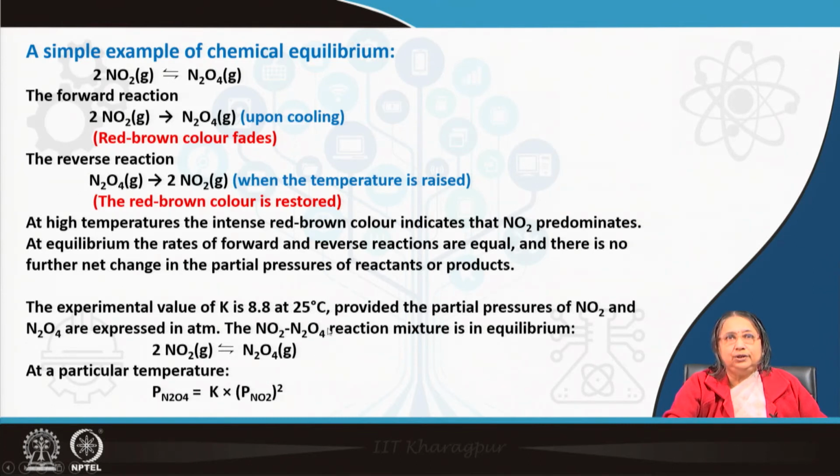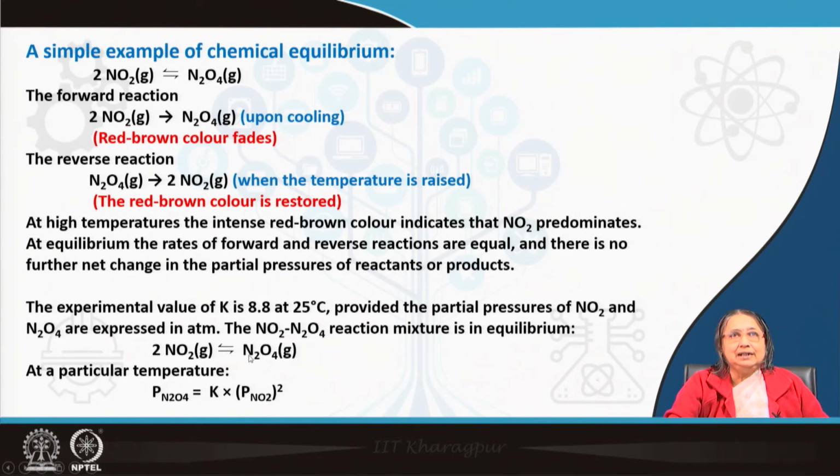Therefore, the NO2 N2O4 reaction mixture is in equilibrium as we see here, and at a particular temperature, say at 25 degrees centigrade, the equilibrium expression will be like this. K is nothing but, here it is partial pressure because it is gas, the partial pressure of N2O4 divided by the partial pressure of NO2 to the power 2, that means squared.